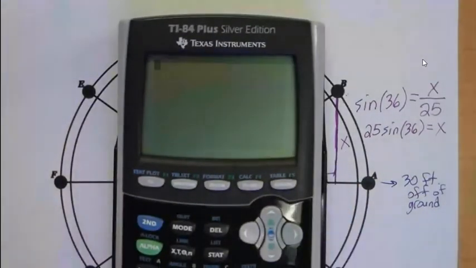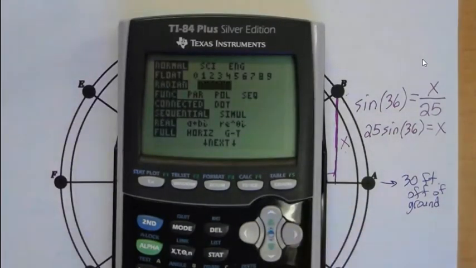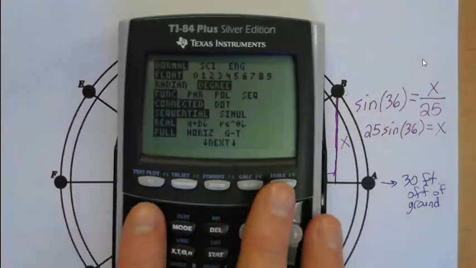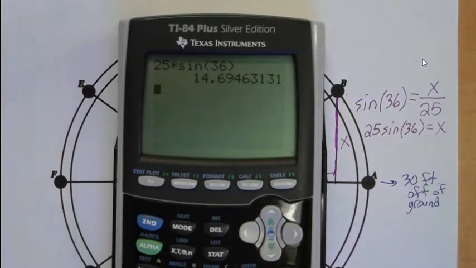Key thing with your calculator is you want to check your mode first. We're dealing with degrees, so we want to change our mode to degrees. It may already be in degrees, but make sure to check that before proceeding. So we're now doing 25 times the sine of 36. So we get 14.7 feet. Well, we already know that that's how far above 30 feet it is.